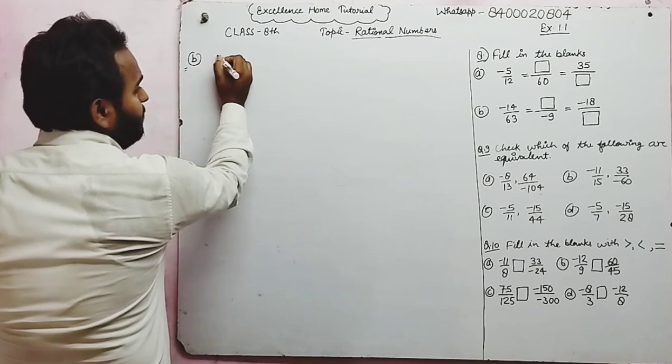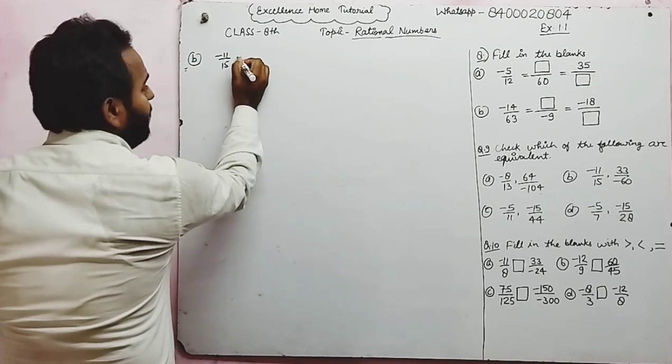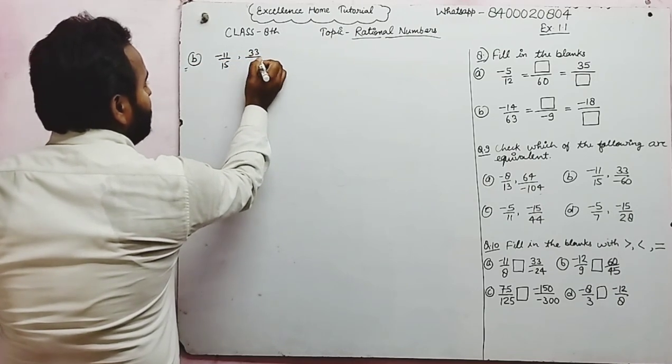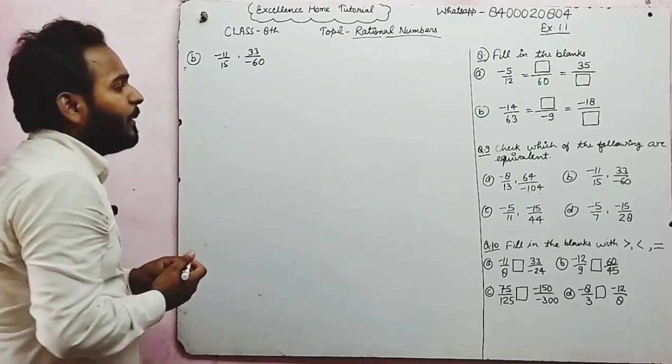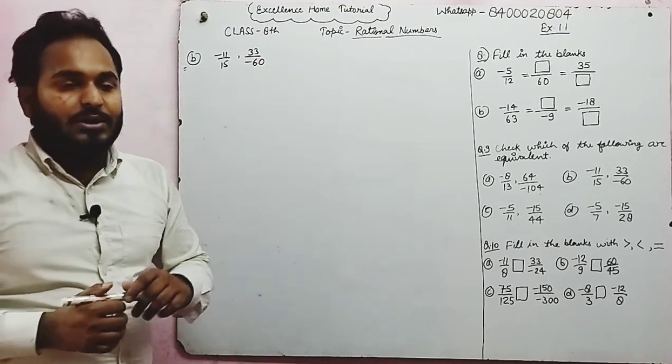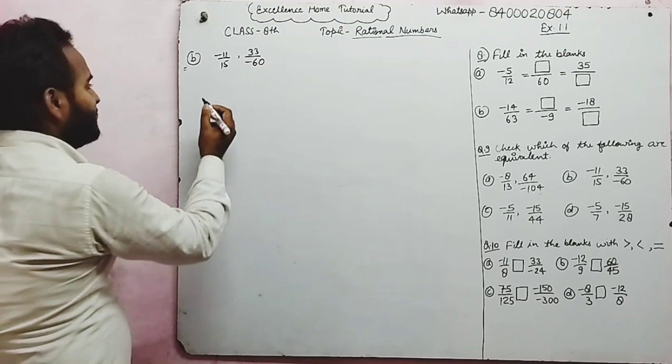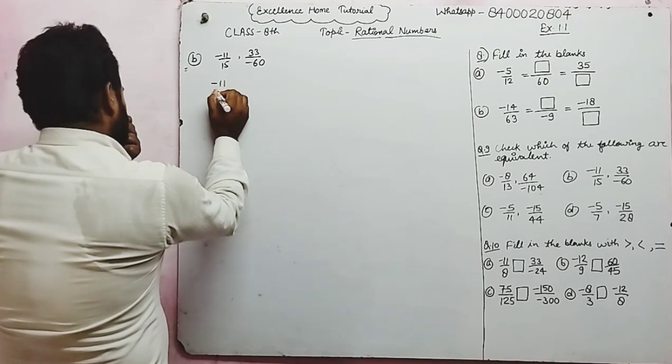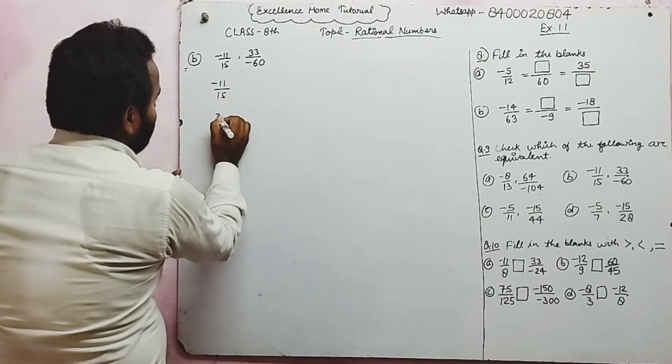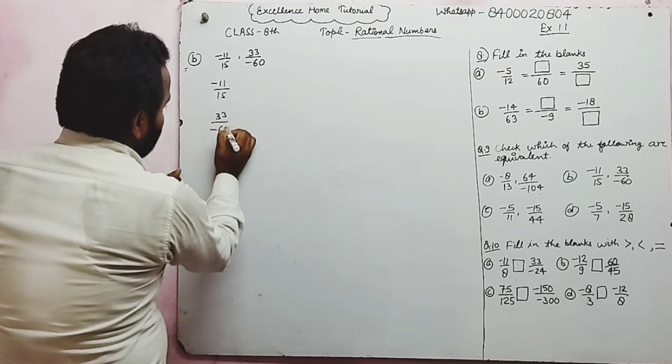So B is minus 11 by 15 and 33 by minus 60. So we have to make their denominators equal. So let's make their denominators equal. First of all, write these numbers.